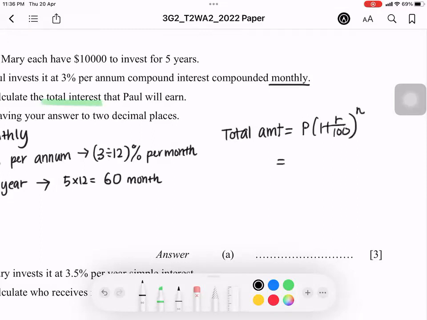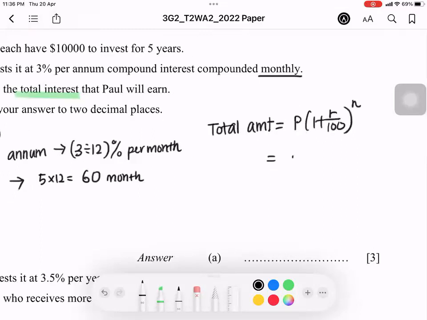So what do we need to do? We take the P, 10,000. Wait, give me a minute. 10,000 bracket 1 plus. The interest rate now is 3 divided by 12%, so I'll write 3 divided by 12% over 100.